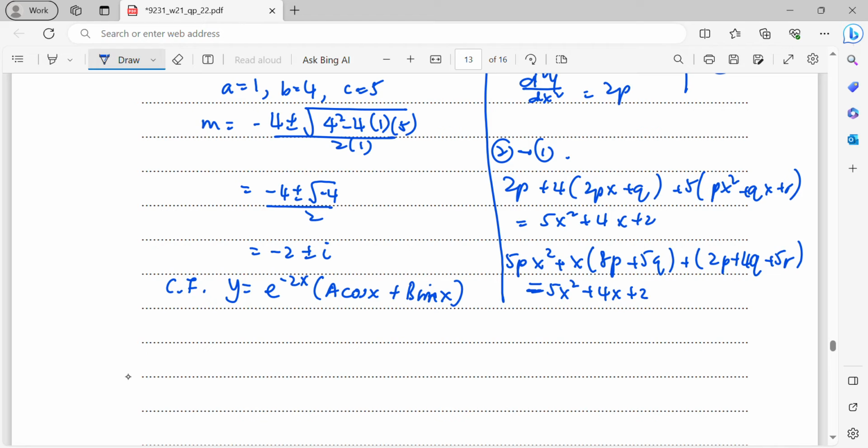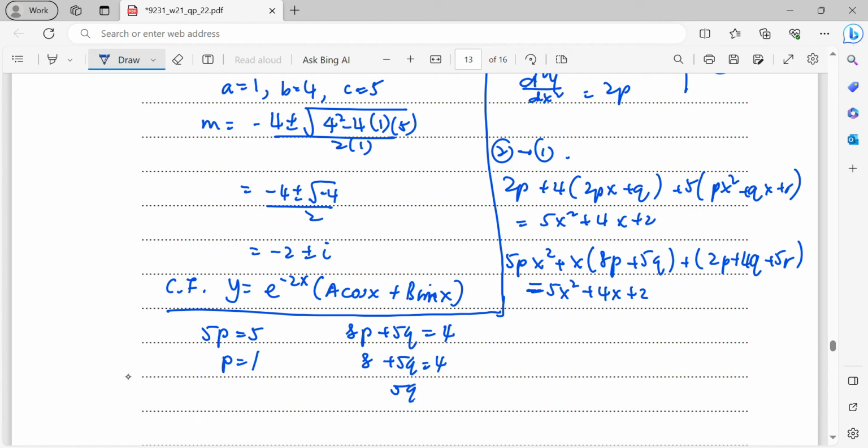Right, so now when I compare, so I will just do it here because of not enough space. So my 5p equals to 5. Therefore, my p is 1. Then 8p plus 5q is 4. So 8 plus 5q is 4. Therefore, 5q is minus 4. Hence, your q is minus 4 over 5.